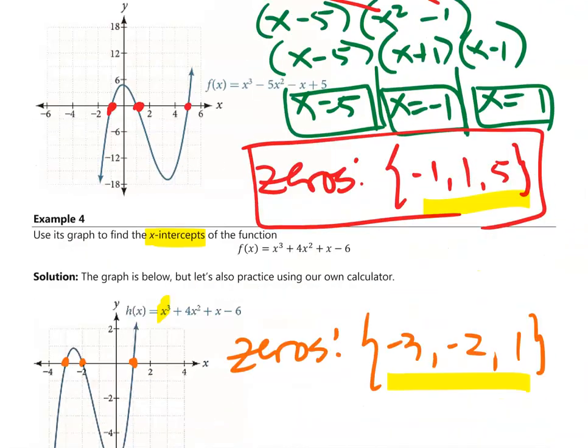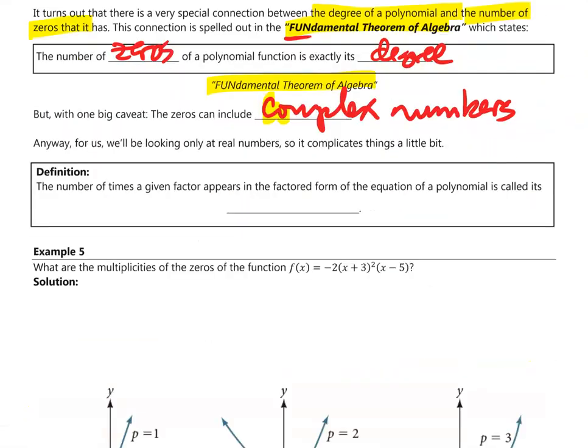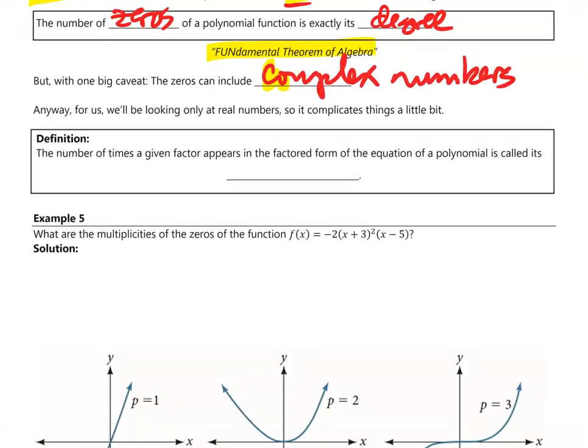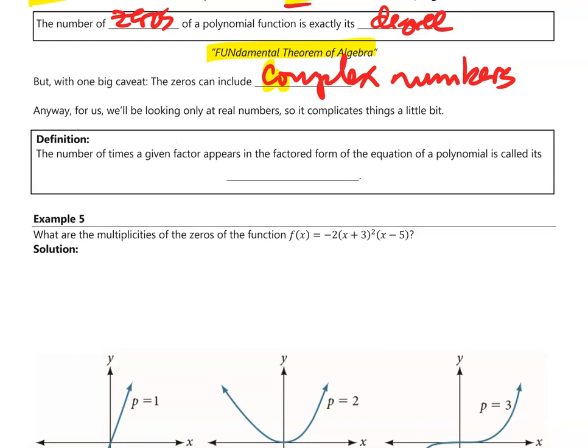And also that is what we call multiplicity. So the number of times a given factor appears in the factored form of the equation of a polynomial is called its multiplicity. I just showed you an example.